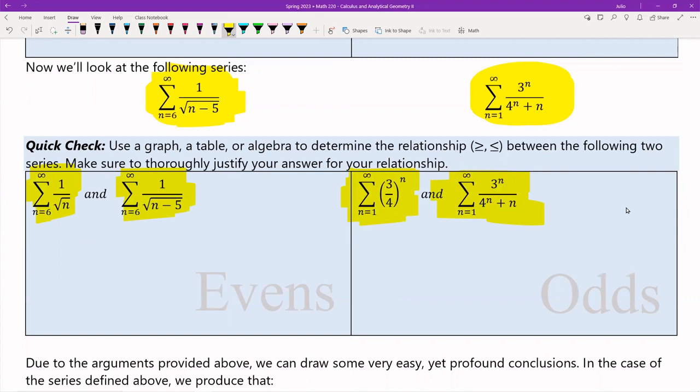One of them has got to be bigger, one of them has got to be smaller. Which one is which? That's it. You can use a graph, a table, or algebra to determine the relationship, but try to argue it out for yourself.